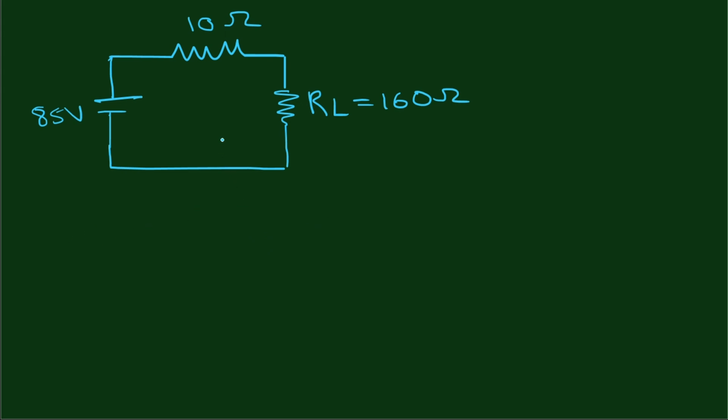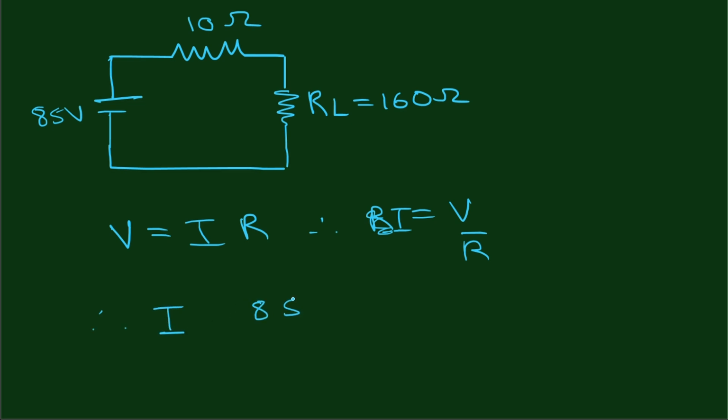To find the unknown current flowing through this circuit, we have to use Ohm's law. So V is equal to IR, therefore I is V by R. Therefore I will be 85 by 170, the sum of these two resistances.